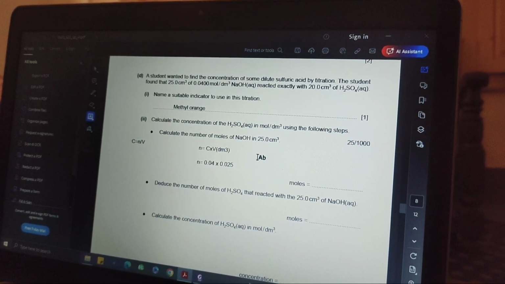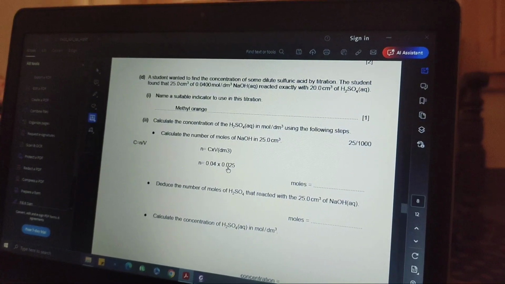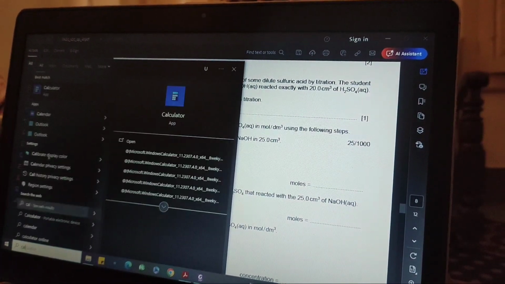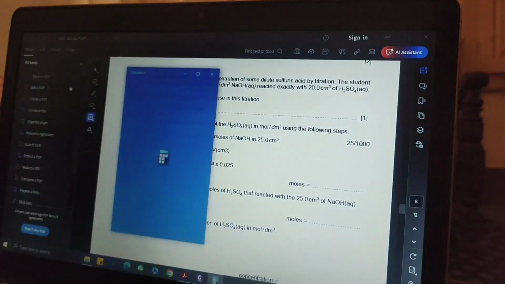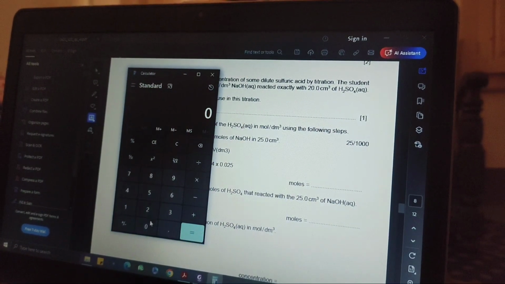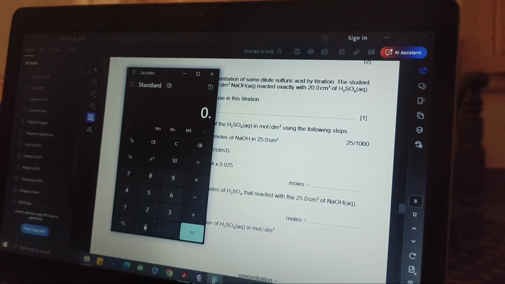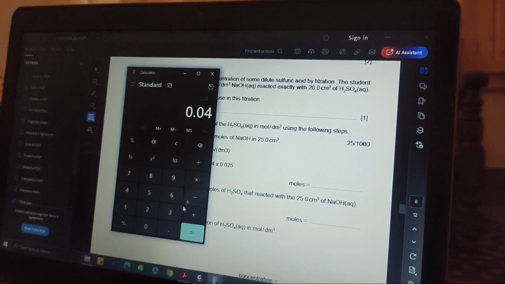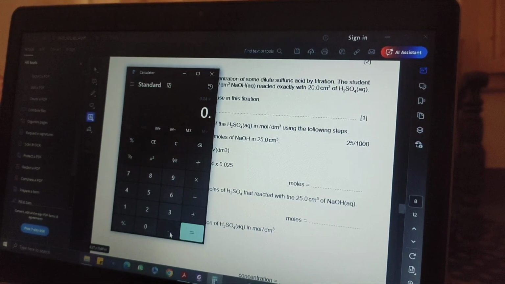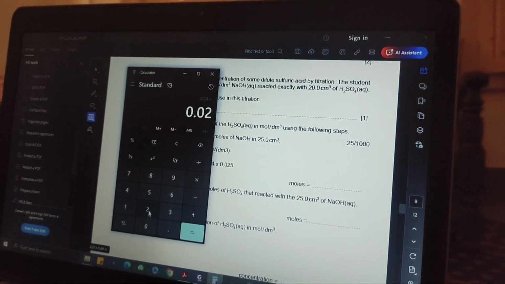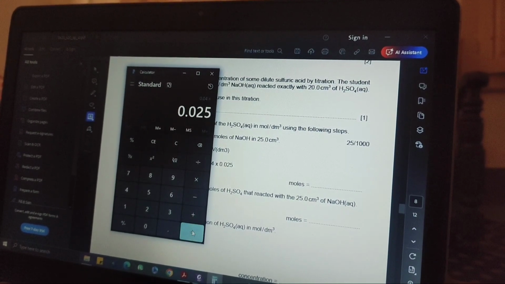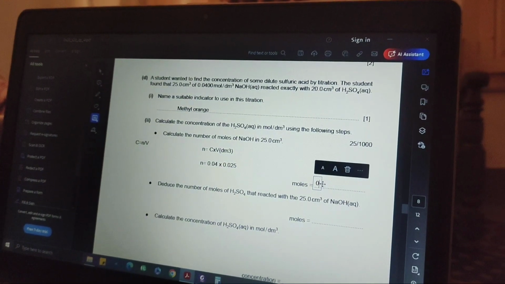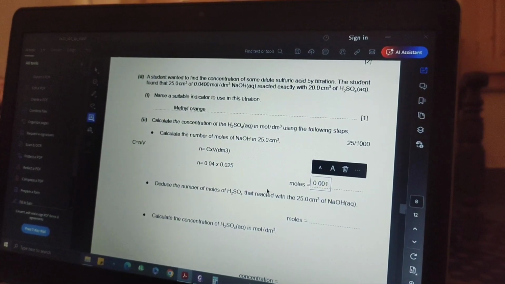So the answer here will be, let's go to the calculator here, 0.04 multiplied with 0.025, which gives 0.001.